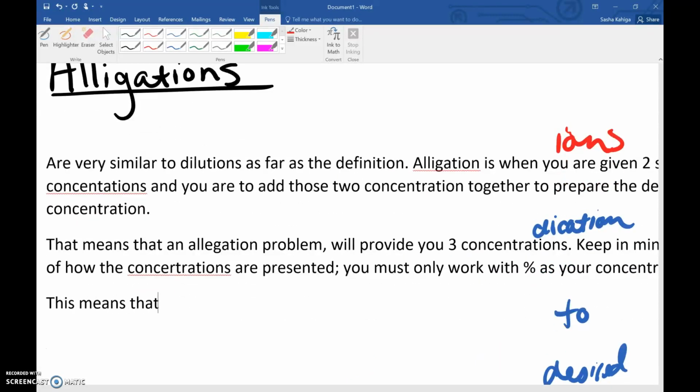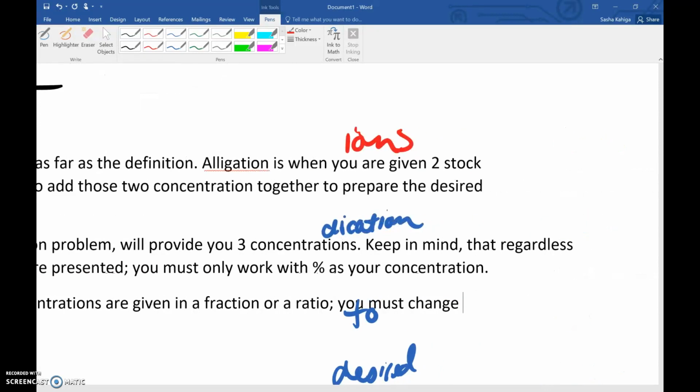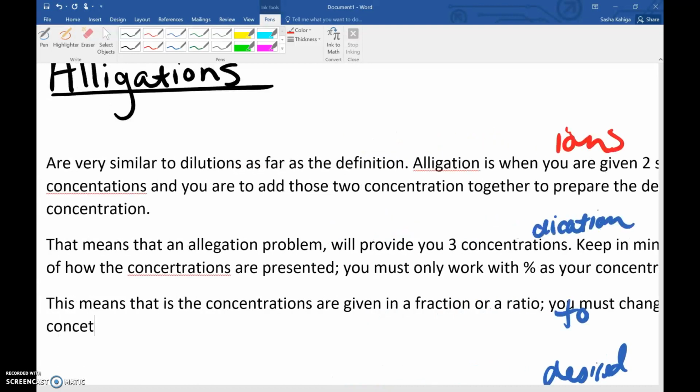So this means that if the concentrations are given in a fraction or a ratio, you must change the given concentration to a percentage, to its percentage form. I want you guys to remember that.